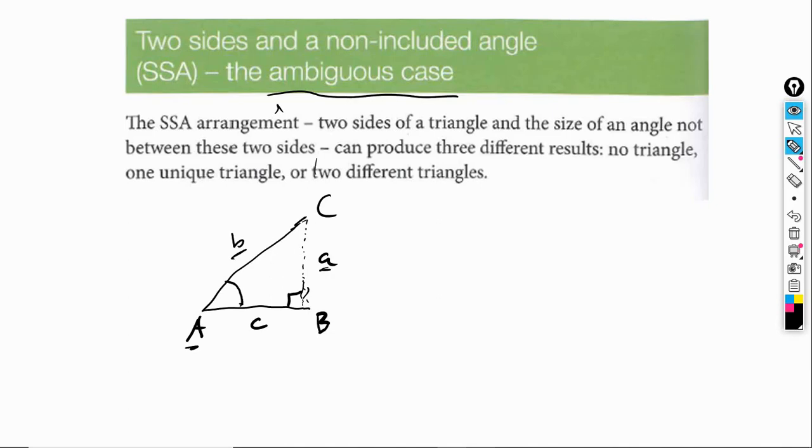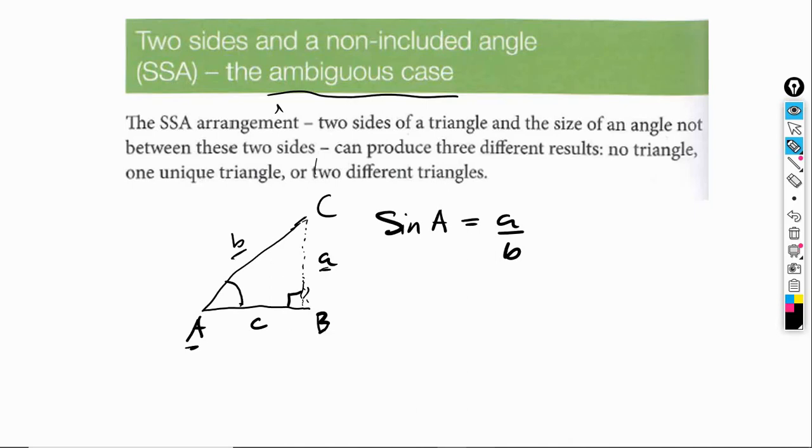So what does that mean? Now, what's another way to express length A? Recall that we could think of it this way. I know that sine of angle A is equal to A over B, opposite over hypotenuse, right?